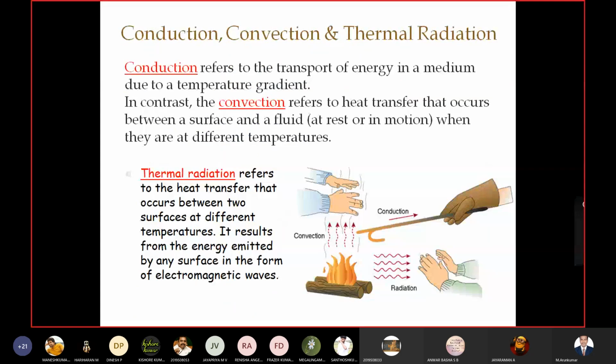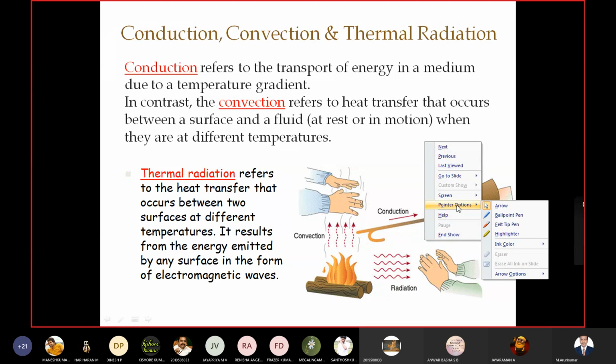Conduction refers to the transfer of energy in a medium due to temperature gradients. In contrast, convection refers to the heat transfer that occurs between a surface and a fluid, at rest or in motion, when they are at different temperatures.